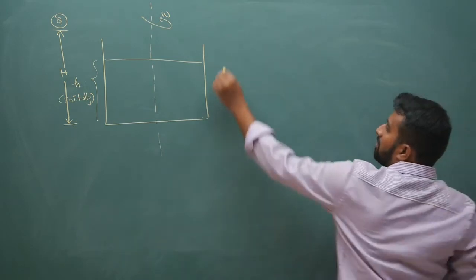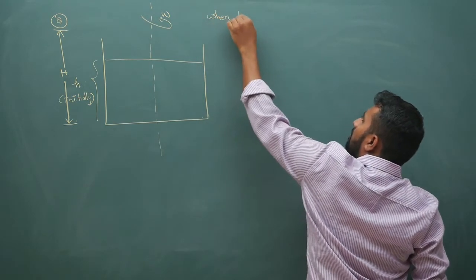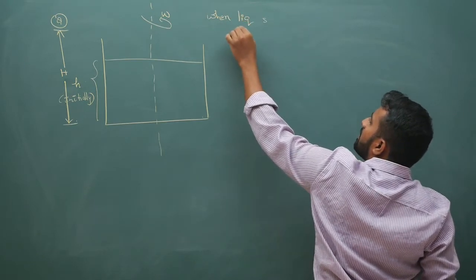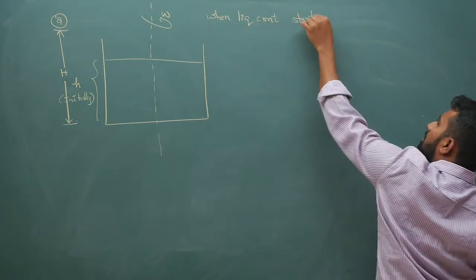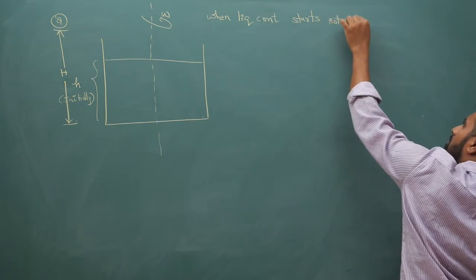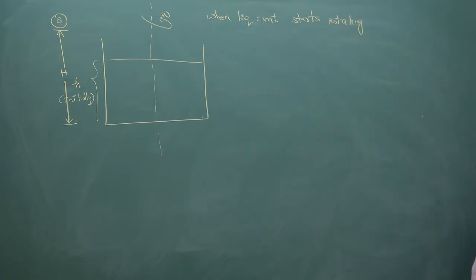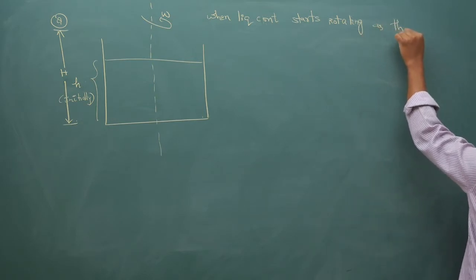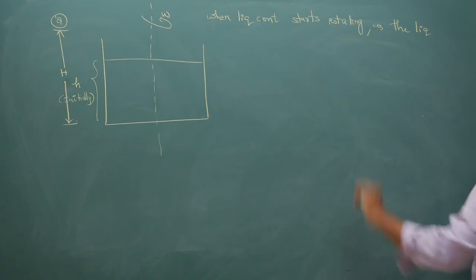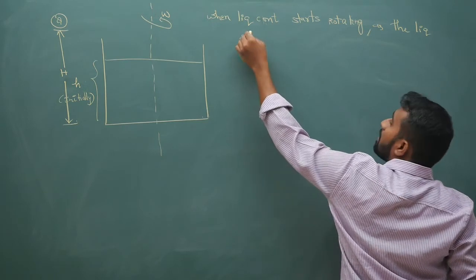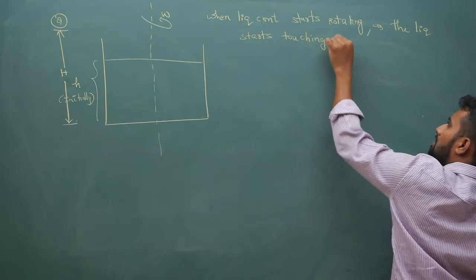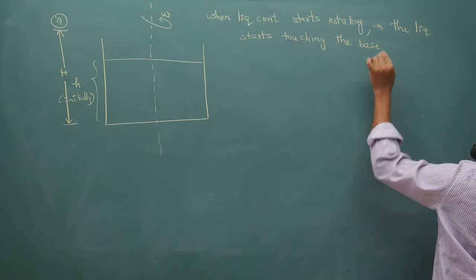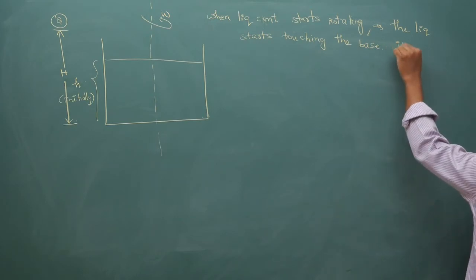Now the question is like this: when the liquid container starts rotating, as the liquid starts touching the base, it spills simultaneously.